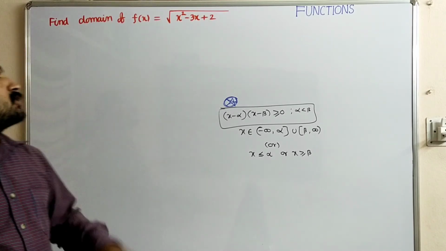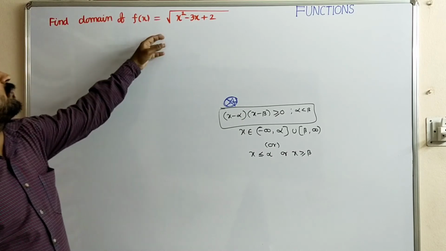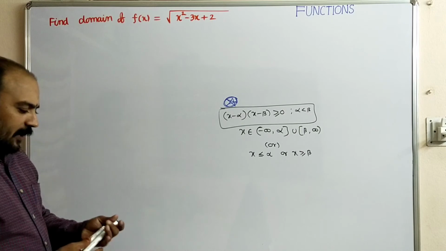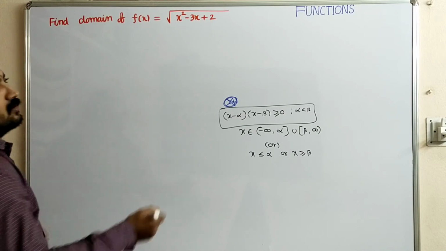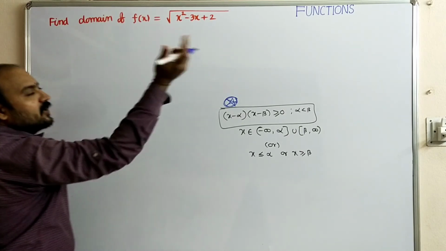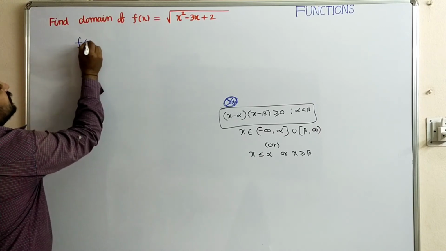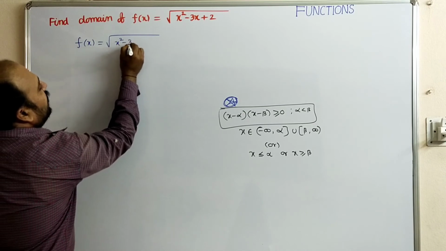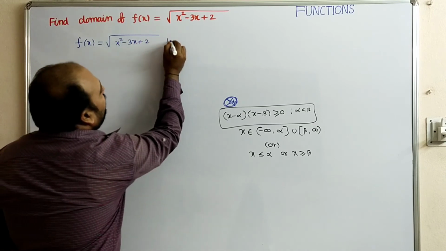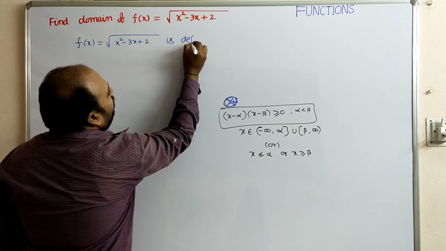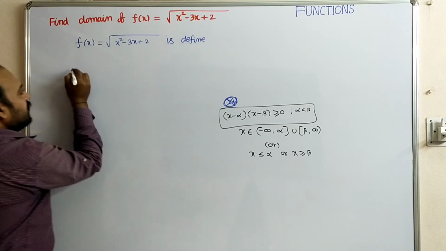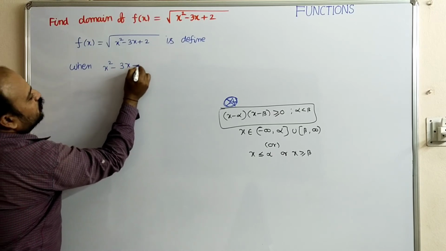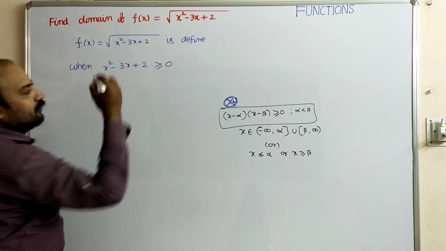The next question: find the domain of f(x) = square root of x² − 3x + 2. Again, it is in the form of root f(x). f(x) = square root of x² − 3x + 2 is defined when x² − 3x + 2 is greater than or equal to 0.